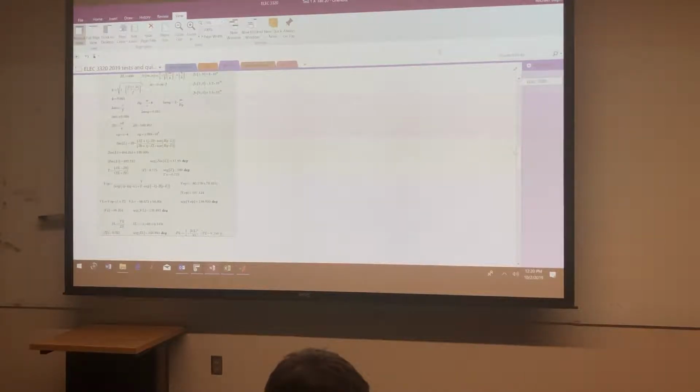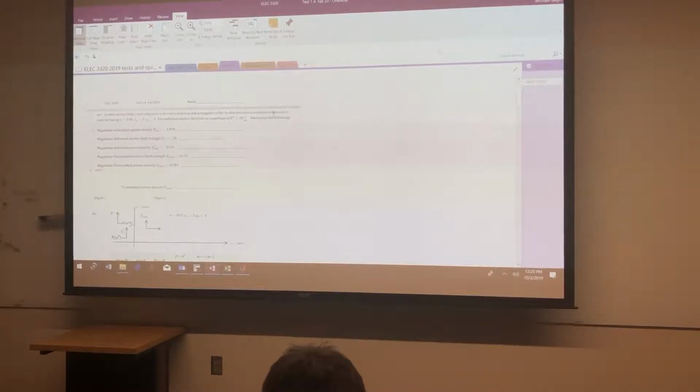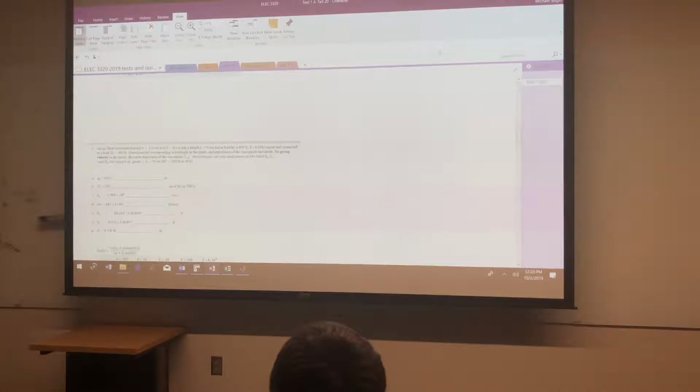And I said RS, the source resistance, was 0. I said it's being fed by 100 volts. This is for the test.